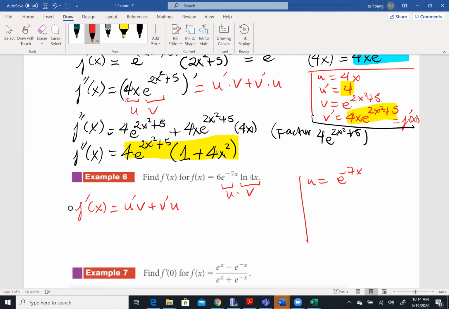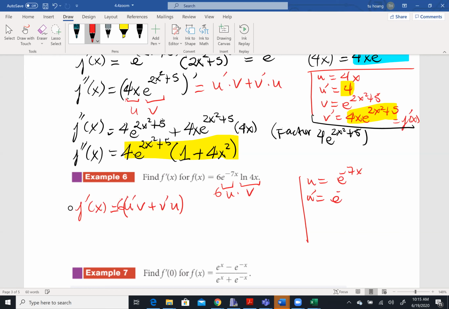I'm gonna leave 6 outside here, because 6 is a constant multiplied with a function. So I just take the derivative of the functions, and the constant stays. Now I have u equal to e to negative 7x, and u prime will be what?